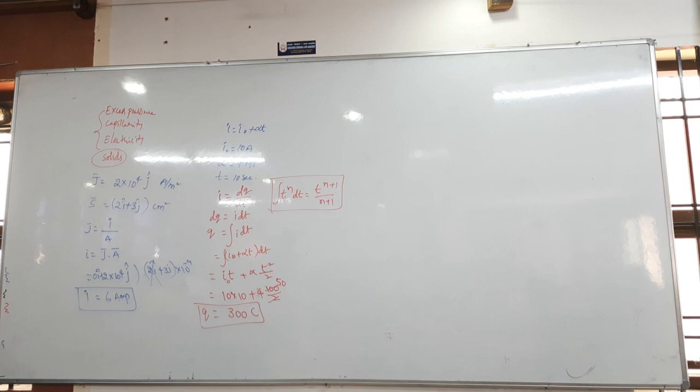My answer is 3.2 into 10 power 4. 3.2 approximately also you can get, there is no problem in that. 3 into 10 power 4 you can get approximately. Yes, you got that? Yes. 3.2 into 10 power 4 is the exact answer. Approximately also you can get the answer.